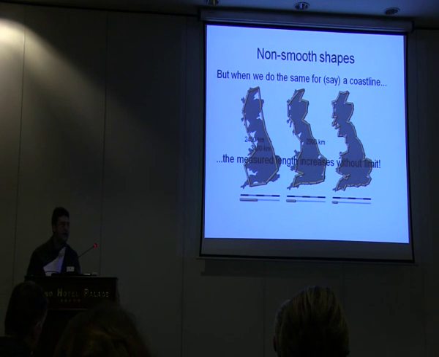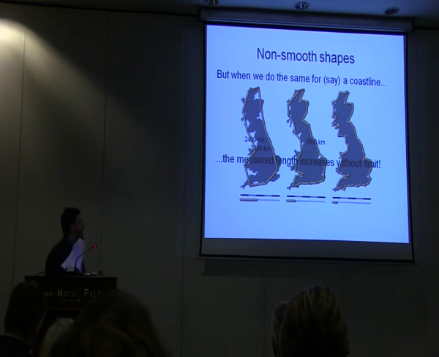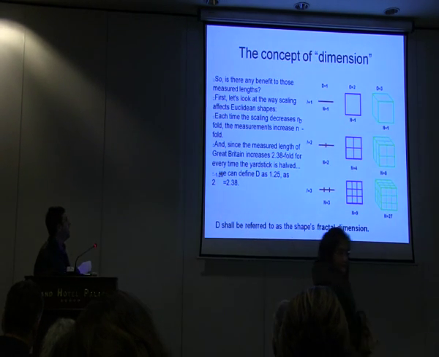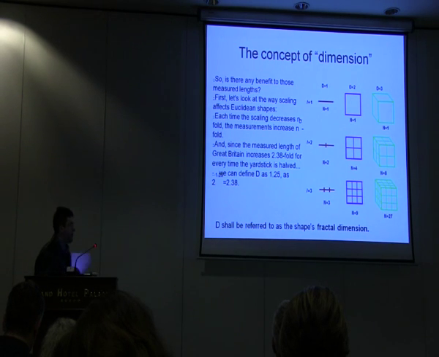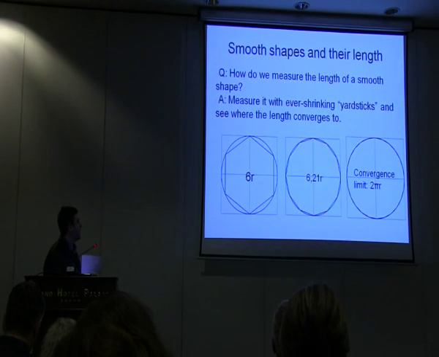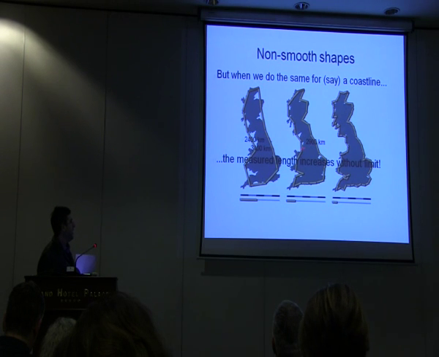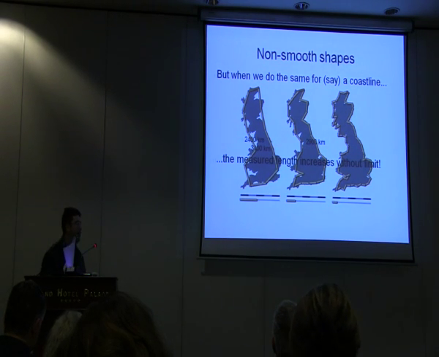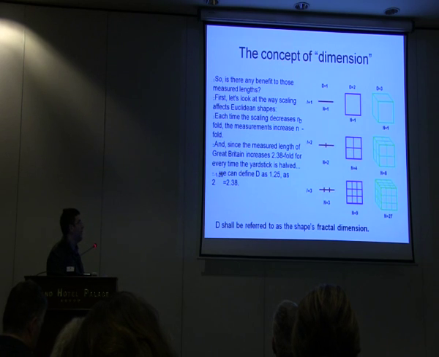With that in mind, a question that comes up is: is there a benefit to those measurements? Do we have a reason to measure those lengths? As it turns out, there is. Every time the stride length is halved, the length we measure is multiplied by a specific amount.